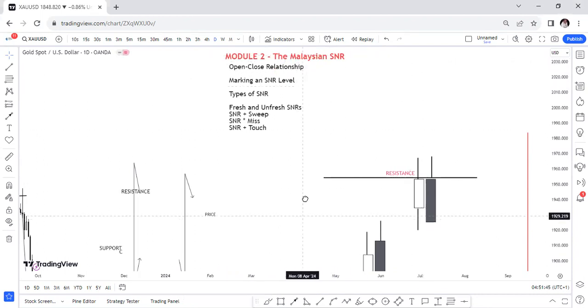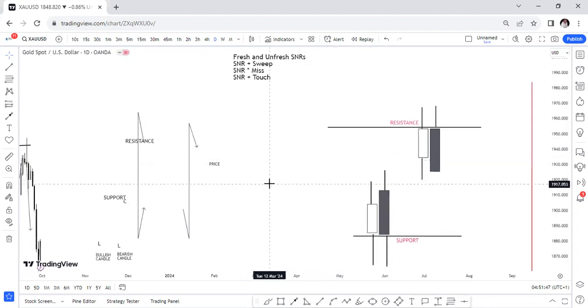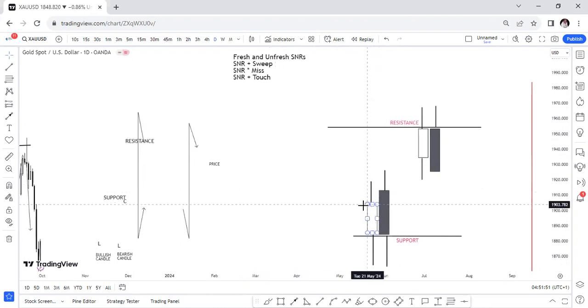You're welcome. In the first module, we made mention of support and resistance. The significance in the price information lies in where the body of the candlestick closes and opens next.